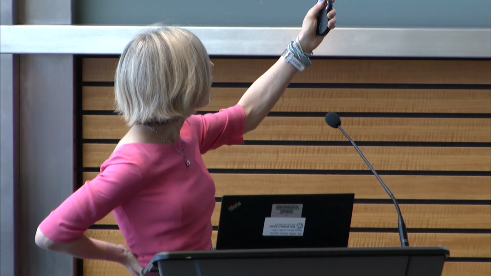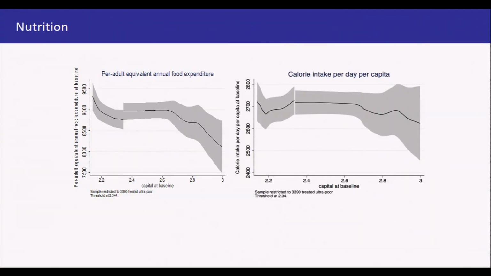For nutrition, we have two measures. One is the per adult equivalent annual food expenditure. As you can see, there is no jump, no matter how hard you squint. And on the other graph, we have calorie intake per capita. There is no discontinuous change, which means that it's not something that at 2.34 you can afford more food discontinuously. It doesn't seem to be the case.